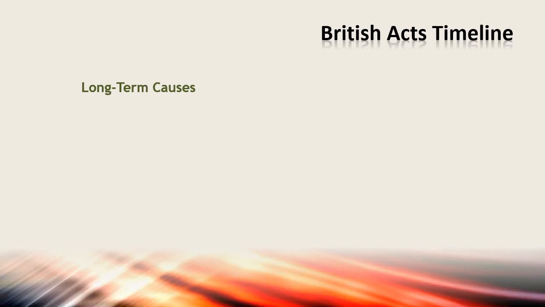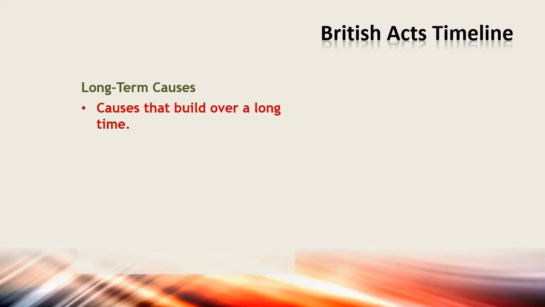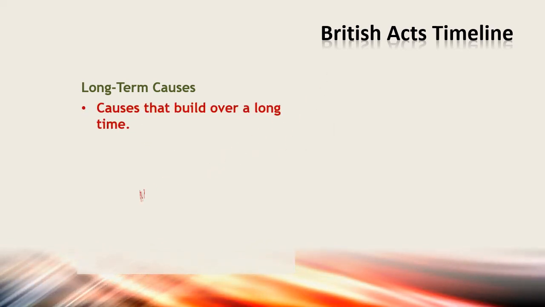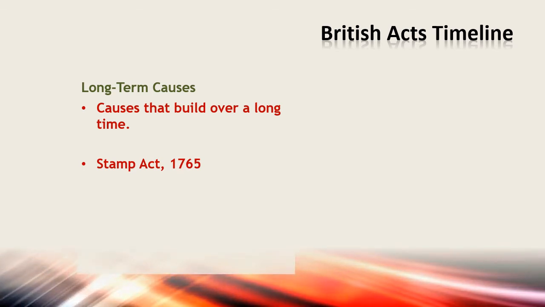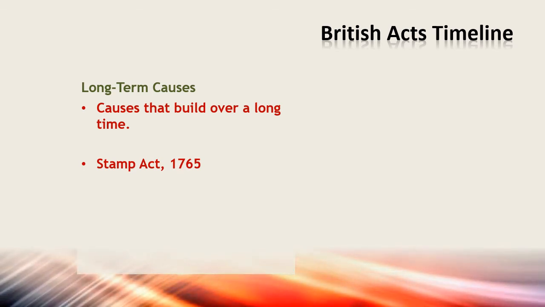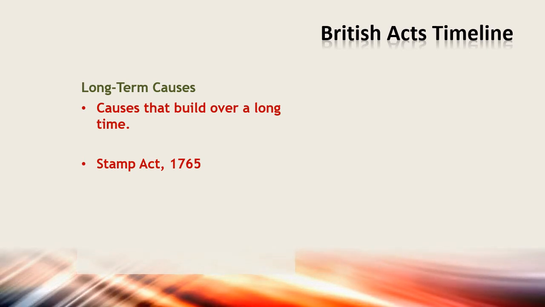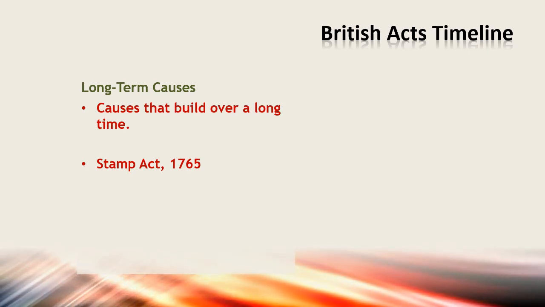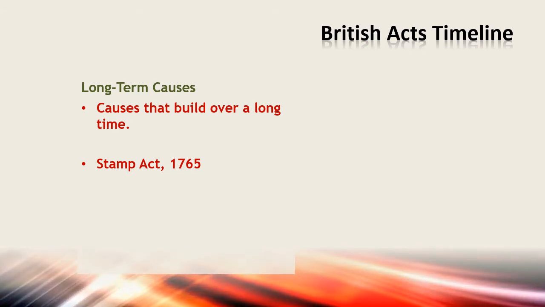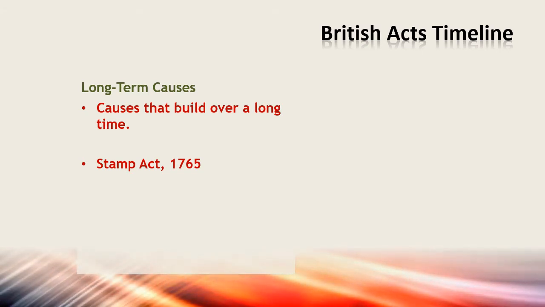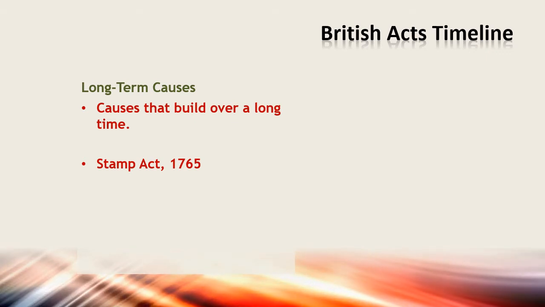On the timeline of the events leading up to the American Revolution, we can think of them as either long-term or short-term. A good example of a long-term event would be the Stamp Act of 1765. It placed, as you might remember, a tax on paper, which required colonists to buy stamped paper, and they refused to do so.